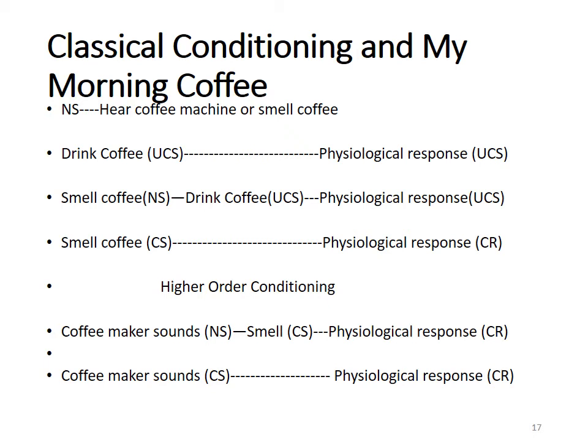After several pairings of the coffee maker sounds and the smell, resulting in that physiological response, the coffee maker itself becomes a conditioned stimulus with higher order conditioning. So at this point, the coffee maker sounds alone start triggering my body to have physiological changes in preparation for that caffeine.